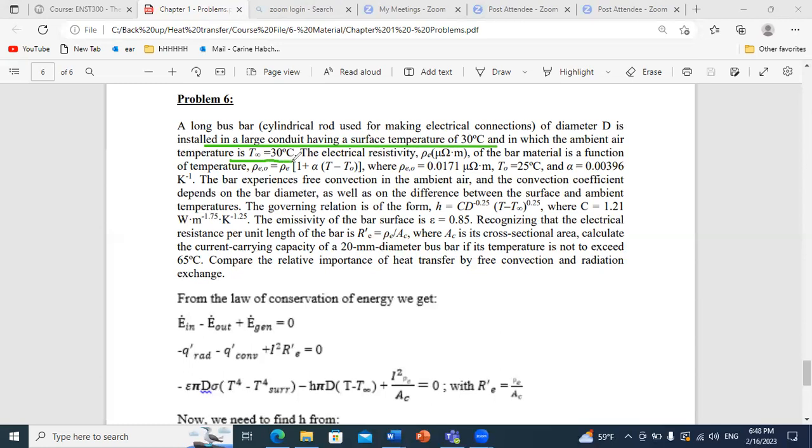Now, in addition, inside your cylinder, you have a resistance. The electrical resistivity of the bar material is a function of temperature. Look, I don't consider that you should have electrical knowledge. So in case I want to give you something similar, as in this problem, I will explain everything for you.